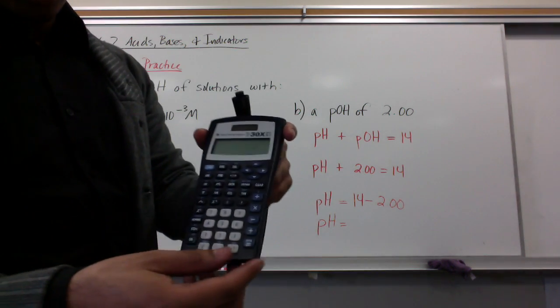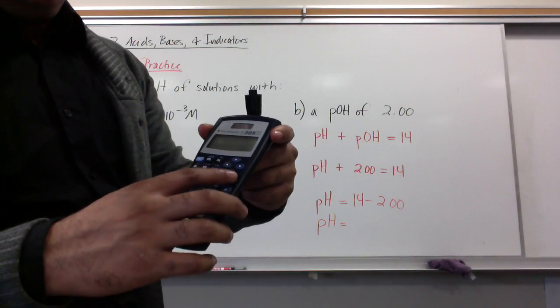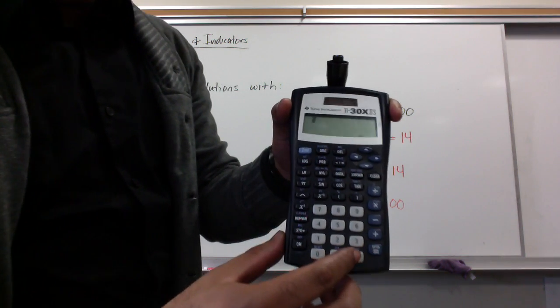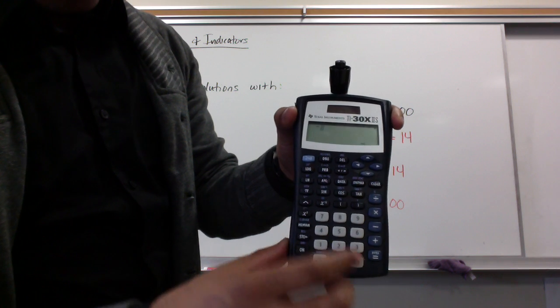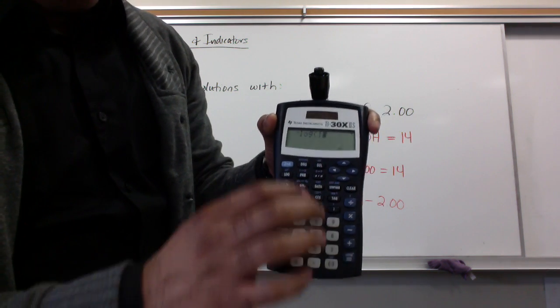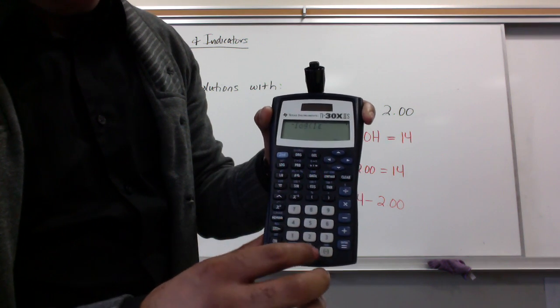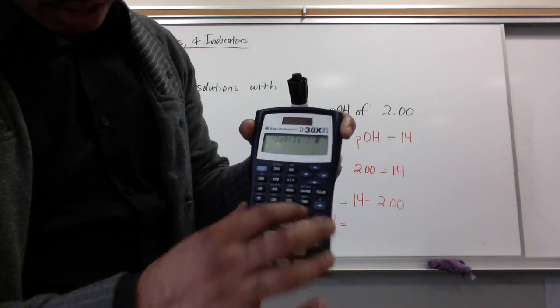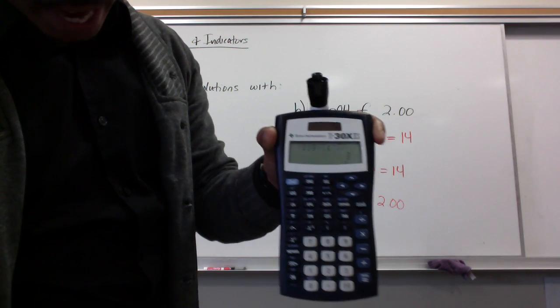I'll bring this closer so you can see it. So when we do this, we do the negative log. So negative button here for me, negative log, and I input my value. It's 1 times 10 to the negative third, close parentheses, equals, and I get 3.